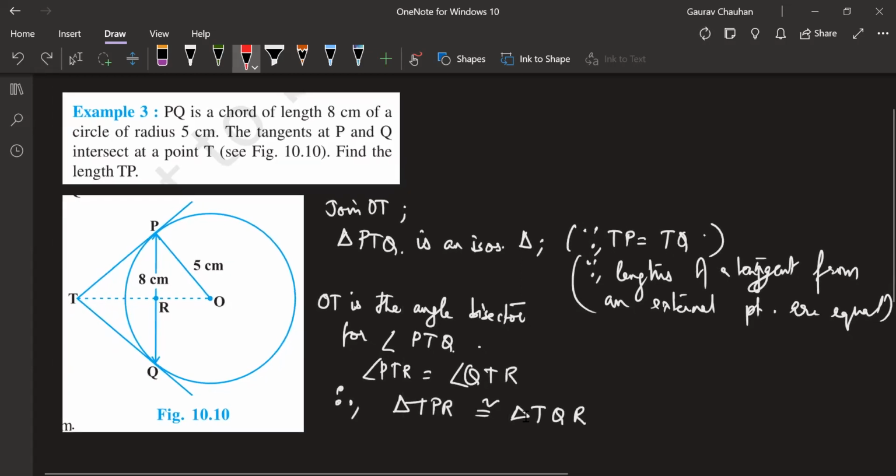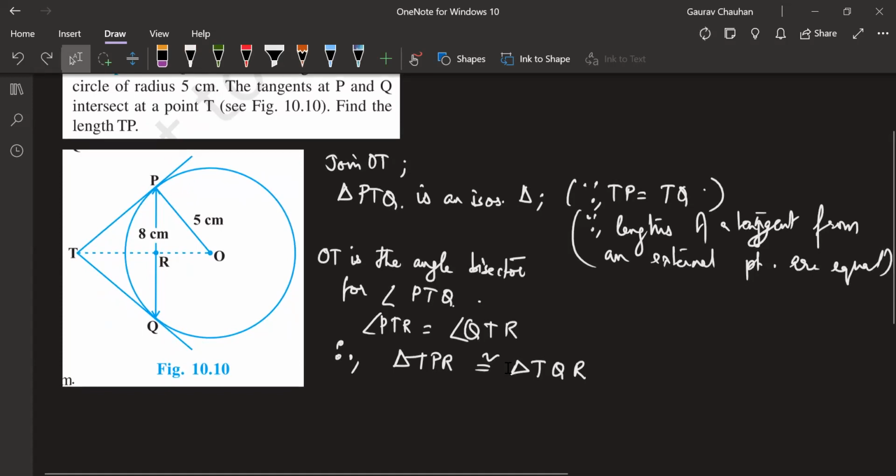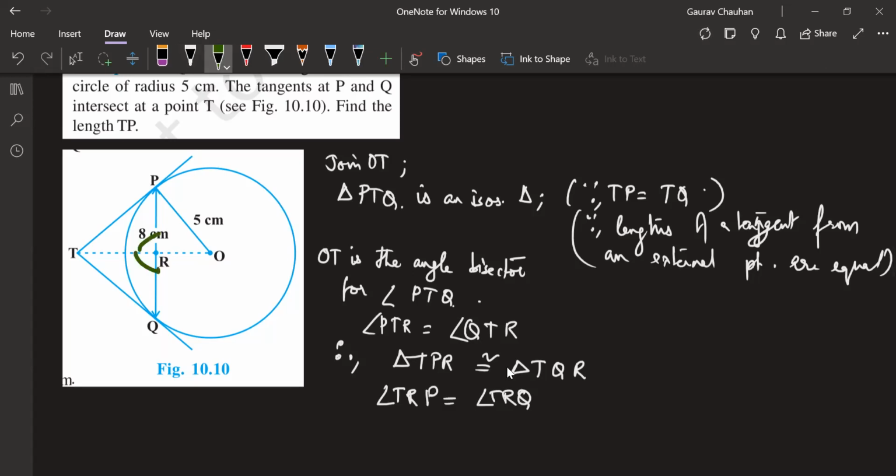Essentially, where we are right now is that we can say that angle TRP is equal to angle TRQ, which is this angle is equal to this angle, and that's what will lead us to conclude that these two angles are 90 degrees. Angle TRP is equal to angle TRQ by CPCT, congruent parts of congruent triangles TRP, TRQ.